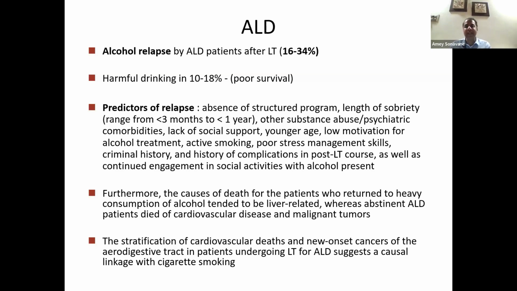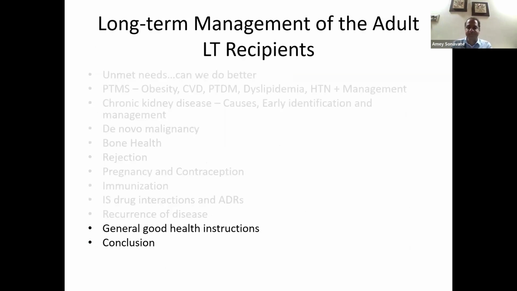We can see it in this particular slide. I'm not going into details of this, but we must counsel these patients, make them understand, and ensure that they do not go back to alcohol consumption by drilling it into their heads every time they come to the OPD for follow-up. When they're feeling good, they go back to drinking, they go back to the poor lifestyle as well as harmful drinking, and we must prevent this by counseling them on a day-to-day, routine basis.